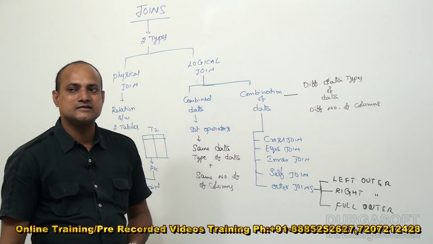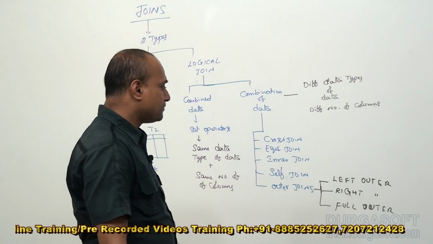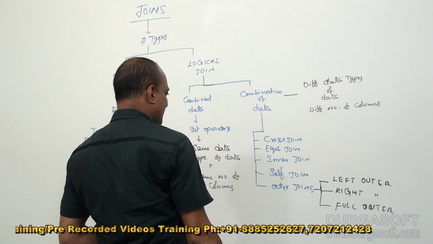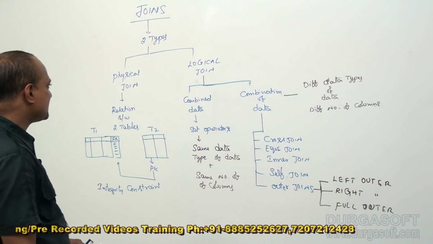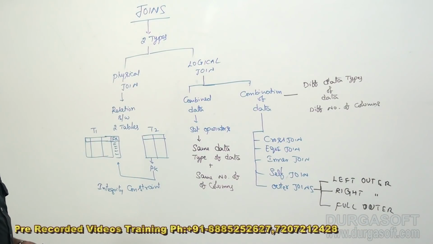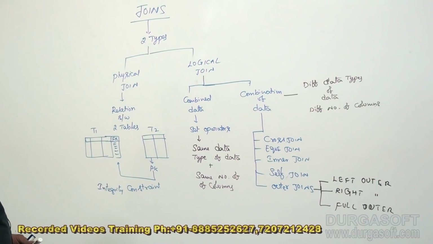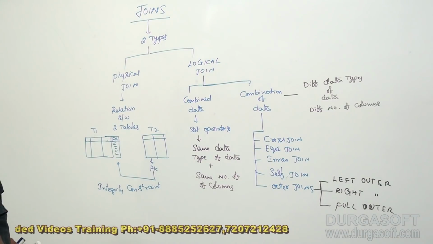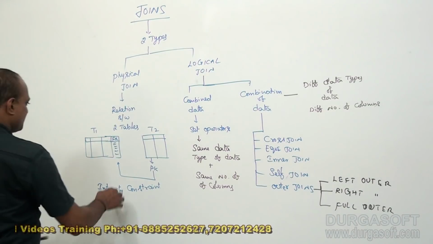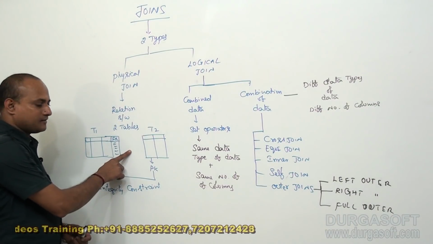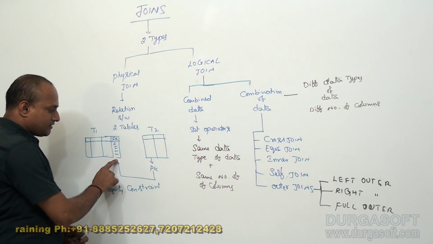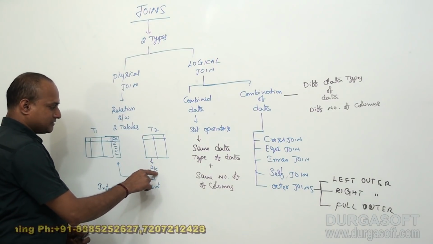This is called joins. Now, what is a join? Have a look at this. Joins are of two types, physical join and logical join. Physical join means implementing a relation between two tables. Here the physical join is implementing a foreign key by using the primary key of another table.